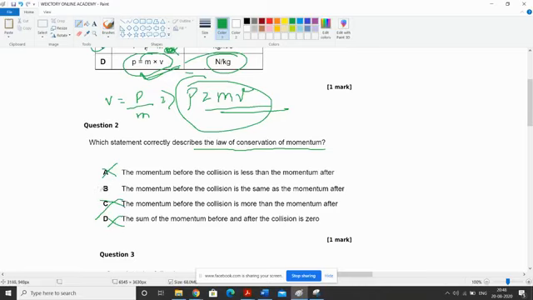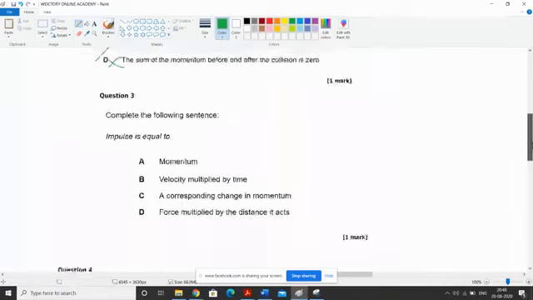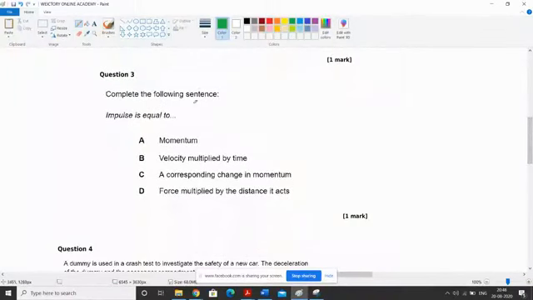The momentum before the collision is same as after because there is no force acting on it. Complete the following sentence: impulse equals to. Impulse is force multiplied by the time or change in momentum. So C is right.